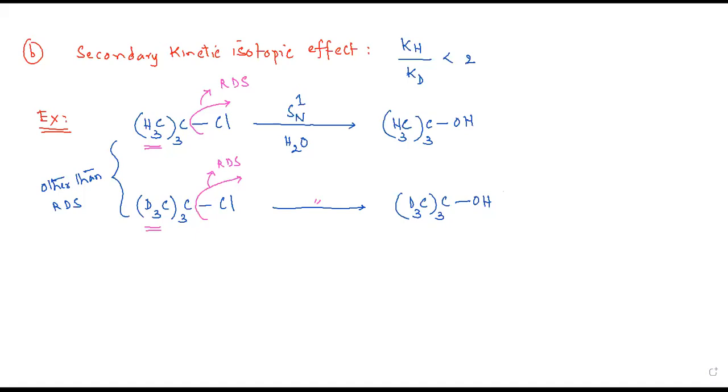In this case, the cleavage of the bond is not in the rate determining step. It is the bond other than the bond that is undergoing cleavage in the rate determining step. This is a secondary kinetic isotope effect.